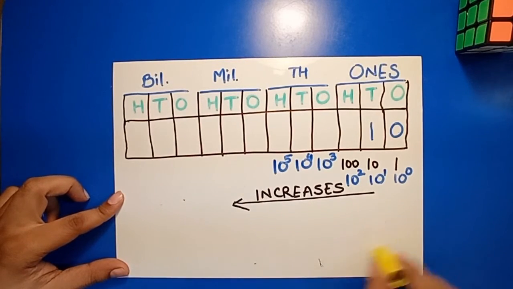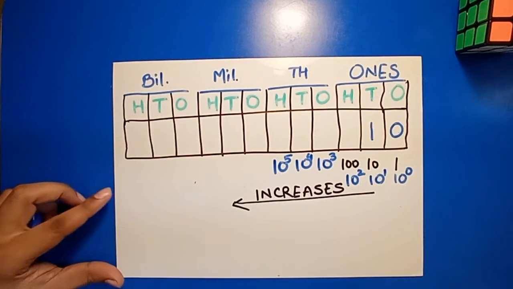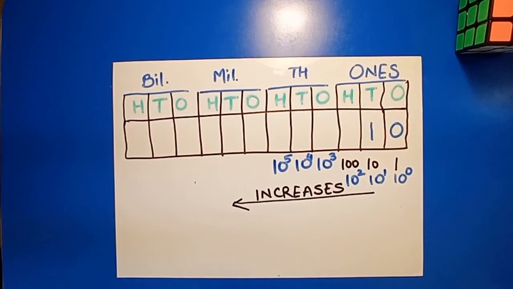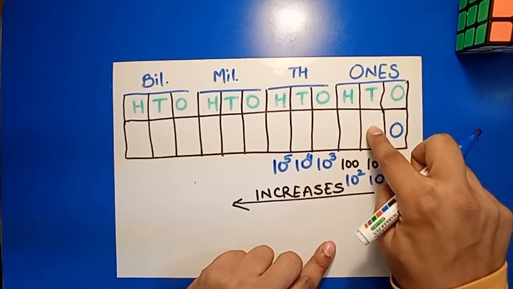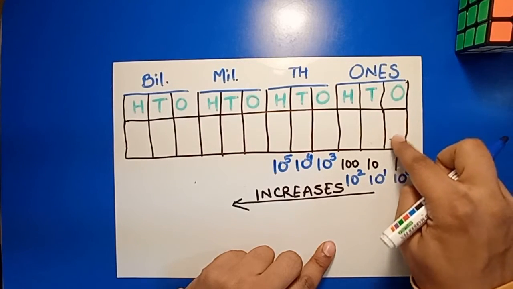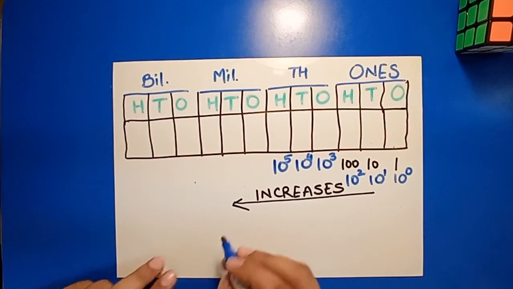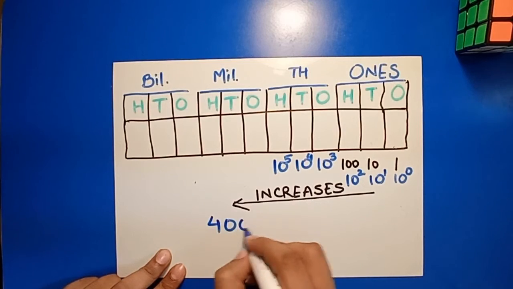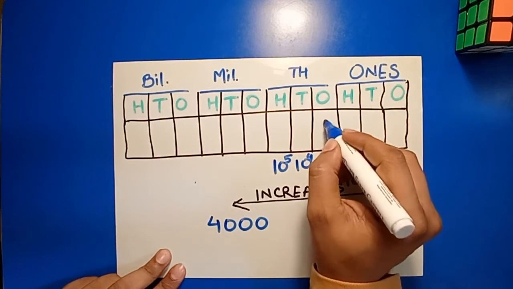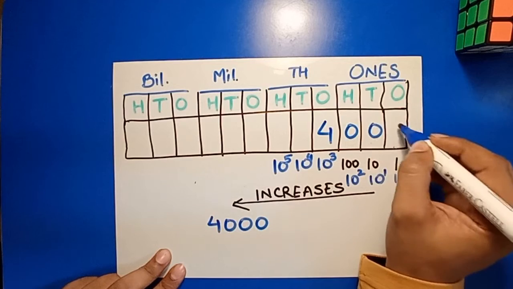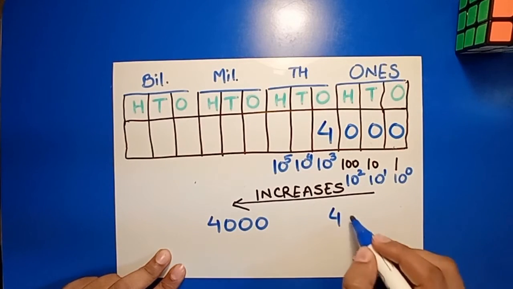Now let's look at a bigger number, like 4,000. What is 4,000? So 4,000 is 4,000 ones, of course.